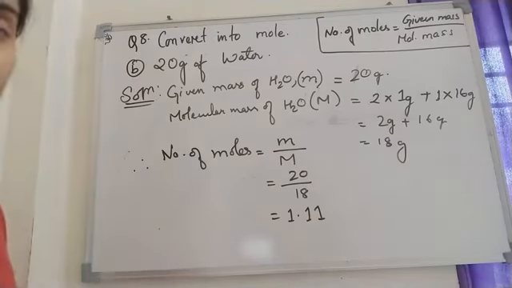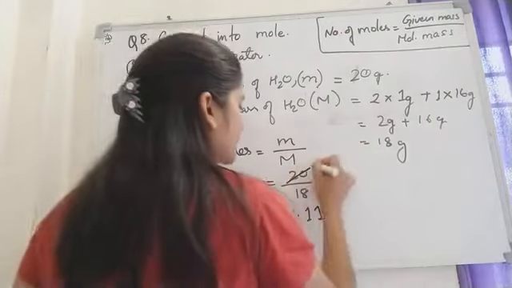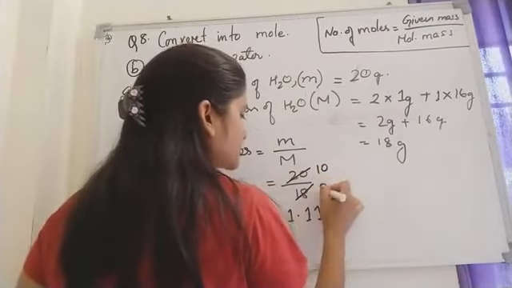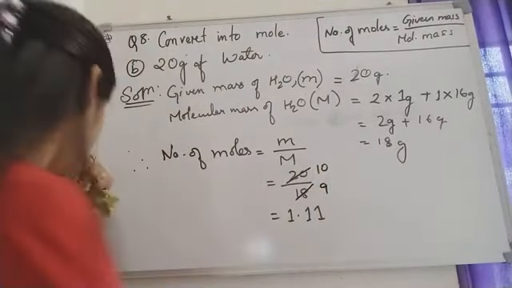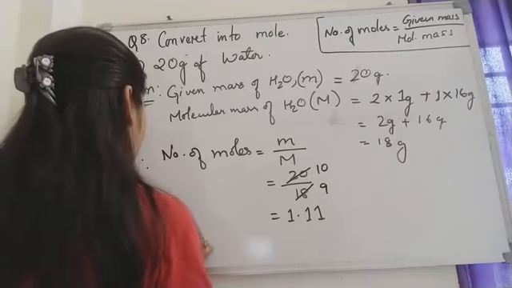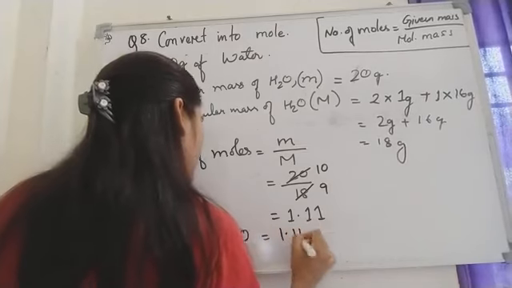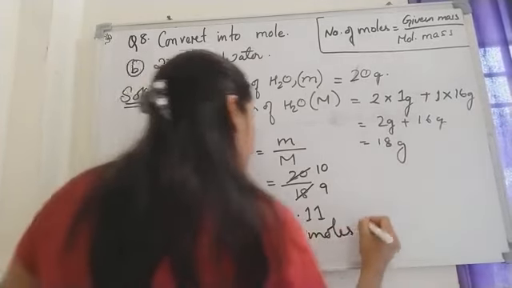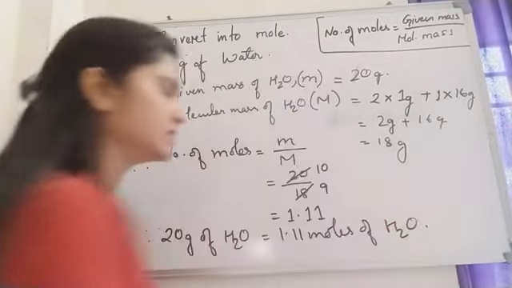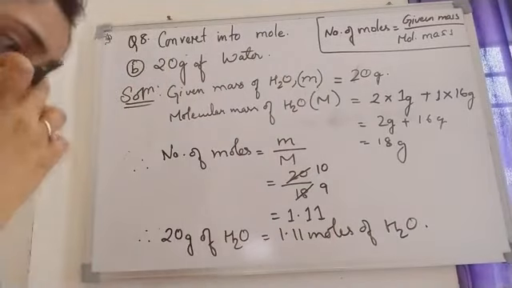You can make it smaller as well: 10 and 9, so you can divide 10 by 9. Therefore, 20 gram of water, that is H2O, is equal to 1.11 moles of water. So that is number B.